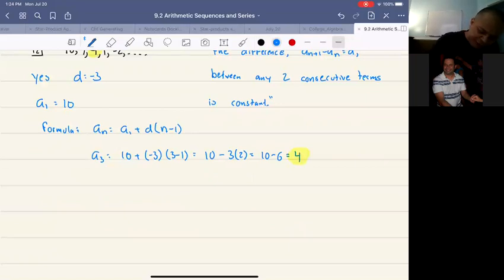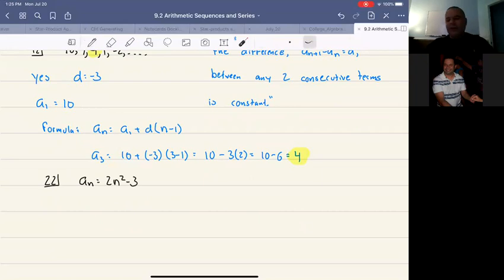Let's look at 22. They give us a sub n equals 2n squared minus 3. Now we could play this game, but it's not in the right form because of the n squared.